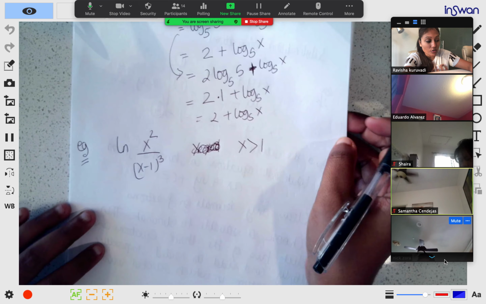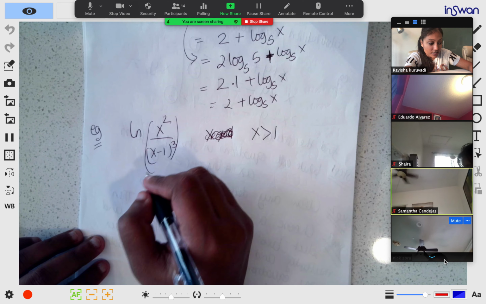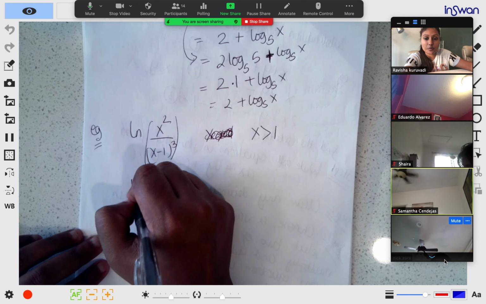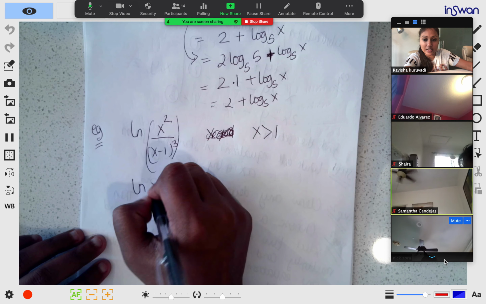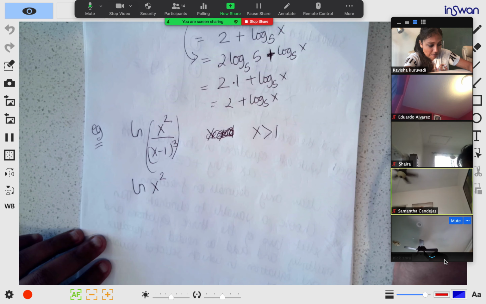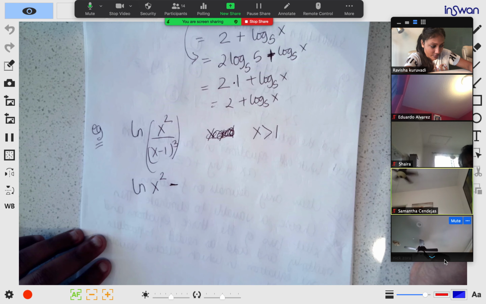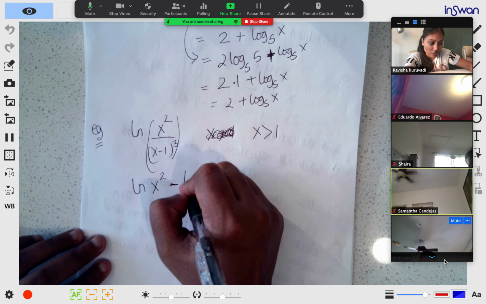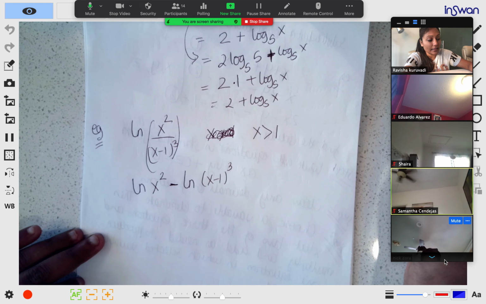Note, multiplication changes into addition, division changes into subtraction. Whatever is in the top, you write ln of the numerator, minus. Now you put a minus sign, not the positive. Since it's division, it becomes ln of the denominator. Can I expand it further?